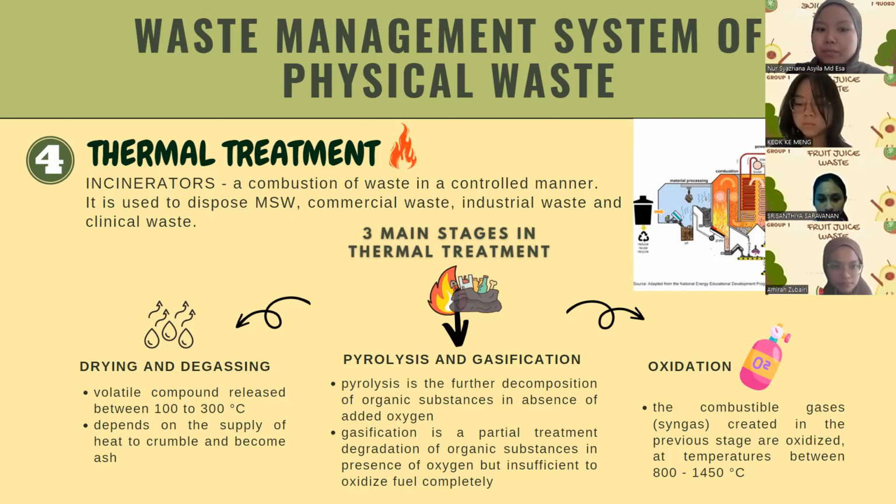There are 3 main stages in thermal treatment. First is drying and degassing. Volatile compounds are released between 100 to 300 degrees Celsius, and it also depends on the supply of heat, to crumble and become ash. The second stage is pyrolysis and gasification, which is the further decomposition of organic substance in the absence of added oxygen.